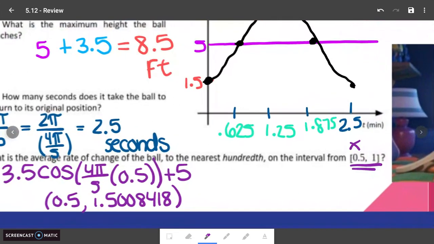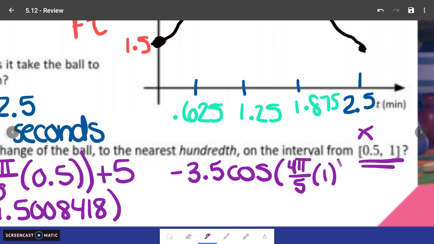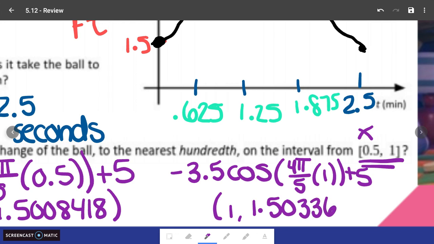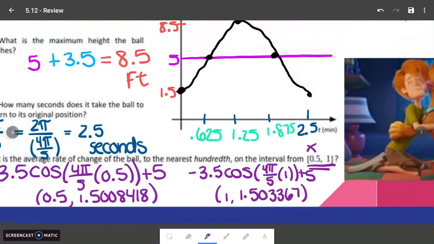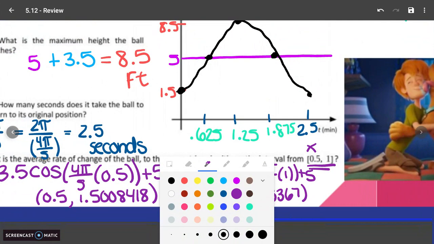I'm going to do the same thing and plug in the same way, only this time I'm plugging in 1. And I'll end up with 1 and 1.503367.